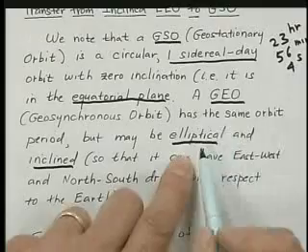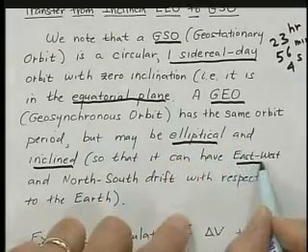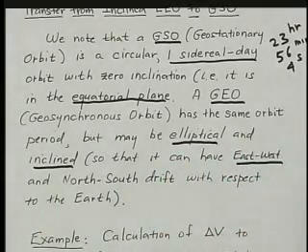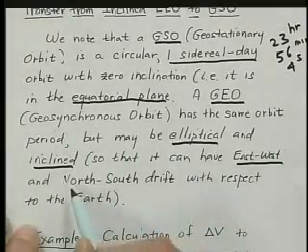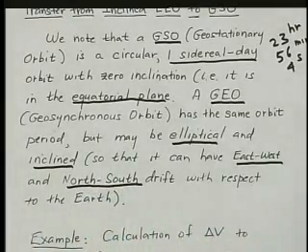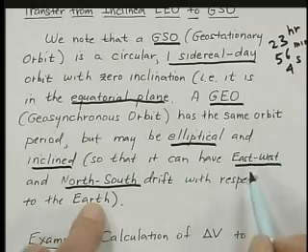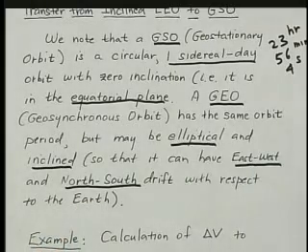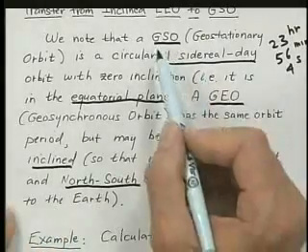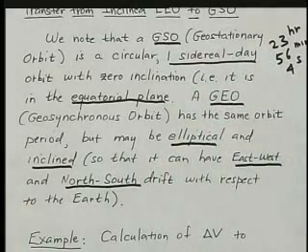Now, because a geo can be elliptical, you can have east-west drift when you look at the spacecraft from the Earth, and it can have north-south drift because of inclination. And sometimes you don't want that drift. You want the spacecraft or satellite to appear to be fixed over the Earth, and that's when you want the geostationary orbit.